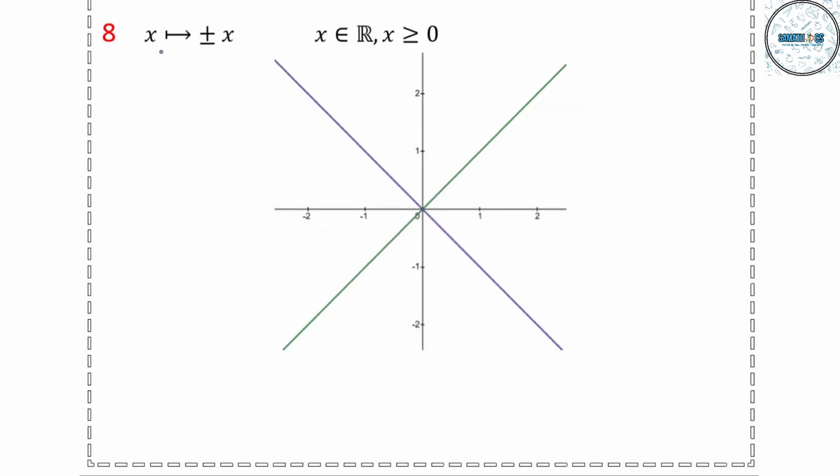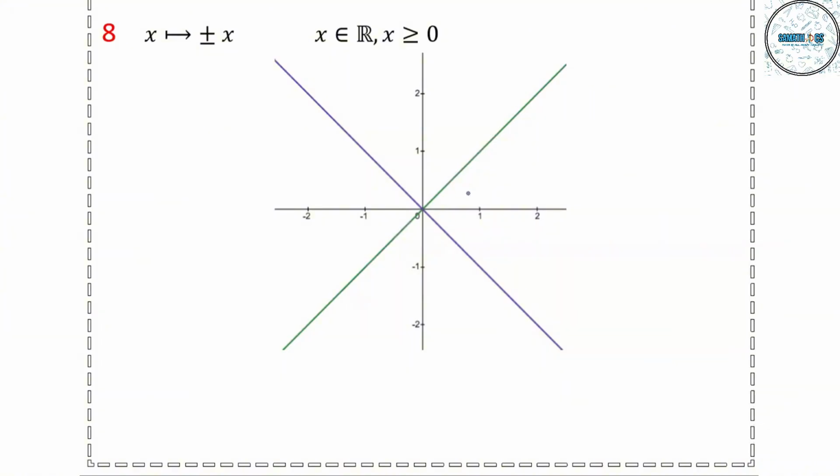In this one, we have x mapped to plus x and minus x. This is when x is mapped to x, and this is when x is mapped to minus x.